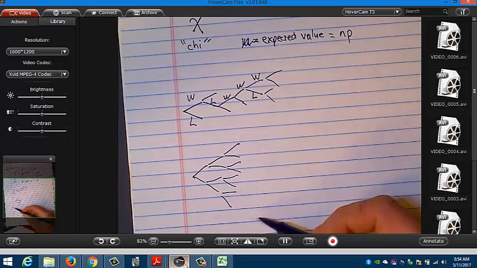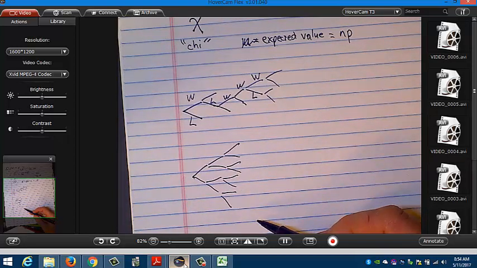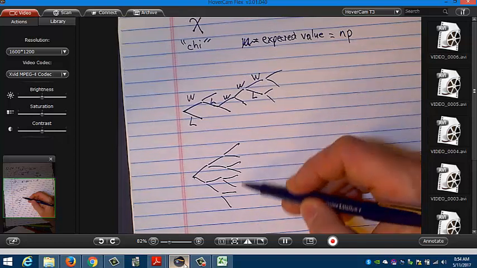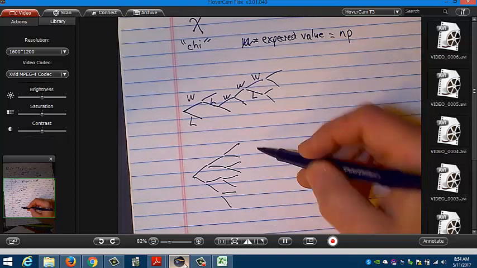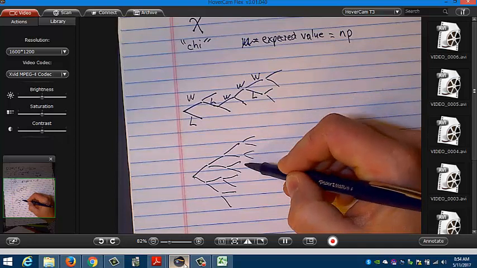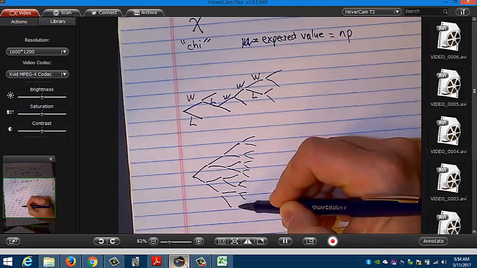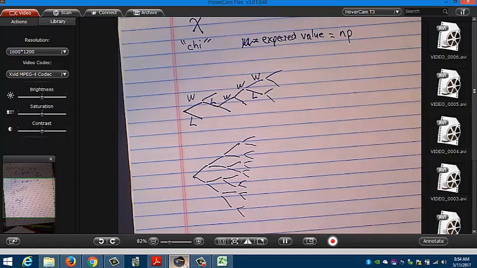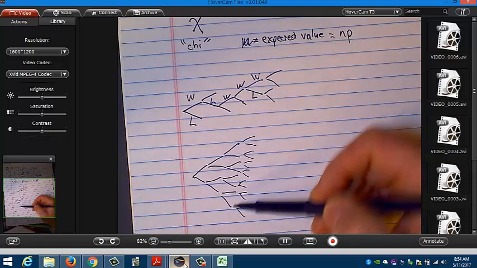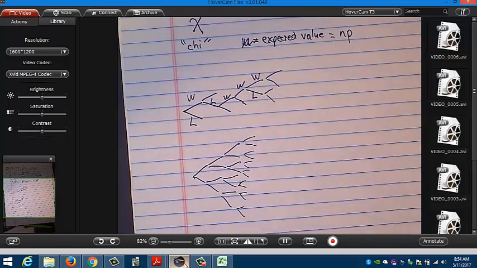And so at the end of 3 games, I guess there's 8 possibilities. And at the end of 4 games, I guess there's 16 possibilities. Right? So when you look at the end of 3 games, I almost think this is where you start.